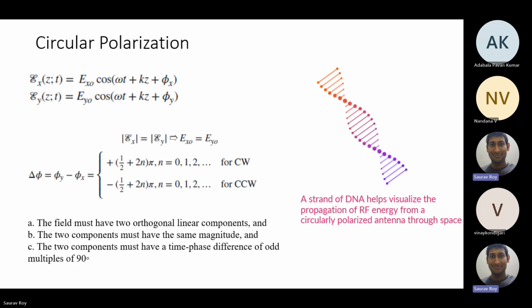That's the first step. Given any particular wave, they will give you an equation like cos(omega t plus kz), and you have to draw your polarization ellipse. From there you see in which direction it is propagating.